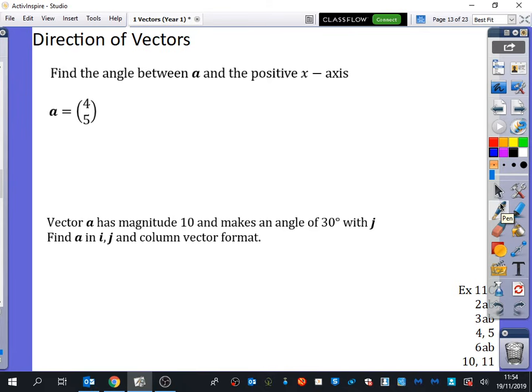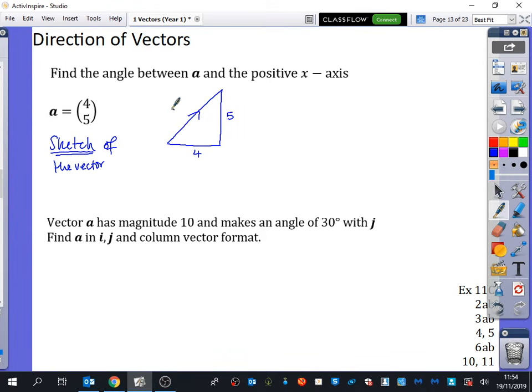We're going to look at directions of vectors, and they're always quite specific about how they want you to find the direction. This one says, find the angle between A and the positive x-axis, right? This one, you definitely need to start off by doing a sketch of the vector. You've got to do a sketch of these ones to try and think about where the angles are actually going to be. This means that the vector is moving 4 along and it's moving 5 upwards.